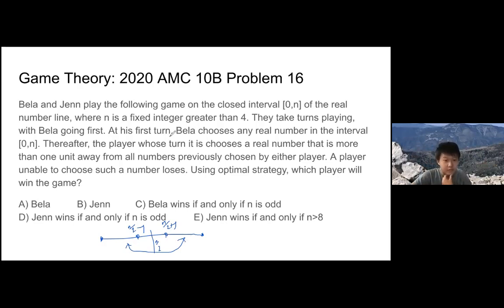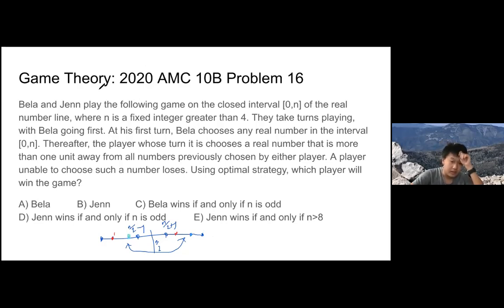So whatever moves Jen performs, say, I should use those in a different color. Let's say Jen moves here, then Bella just flips that over here. And likewise, if Jen plays on the right side, Bella plays a corresponding move on the left side.